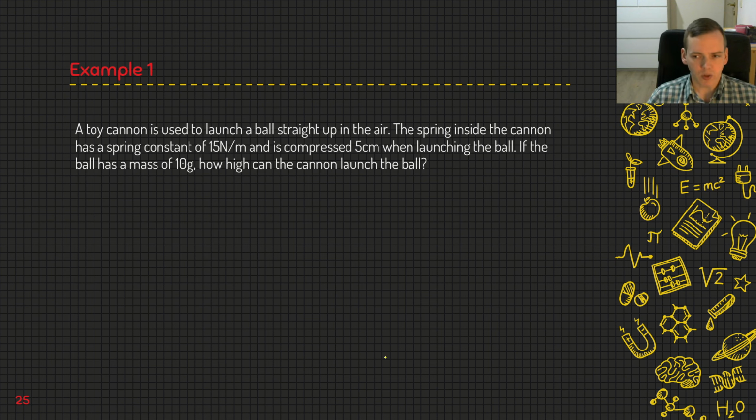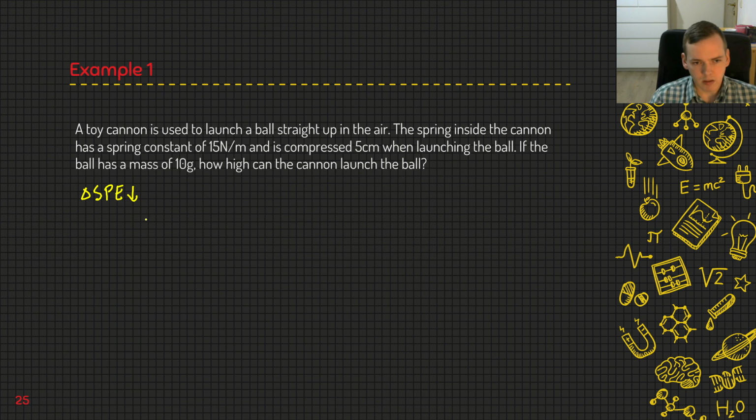So when we're working through these, we want to think about what energy systems are at play here. So I'm just going to sketch things out here. Originally, we're compressing a spring, so we're going to lose some spring potential energy. It's going to go down.